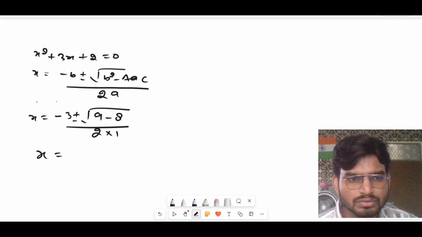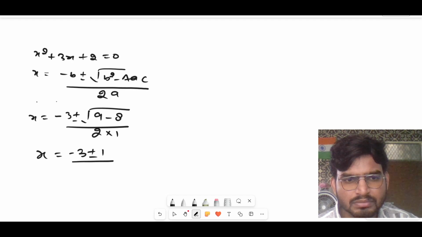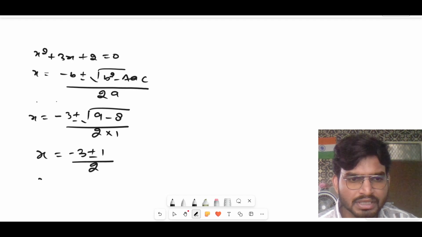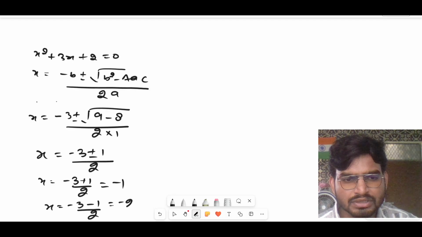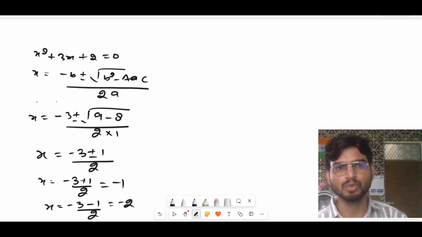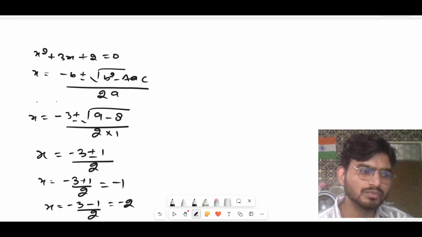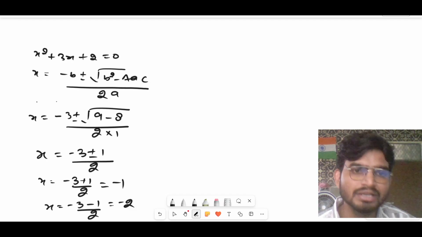So x equals minus 3 plus minus 1 by 2. Here we get minus 3 plus 1 by 2, and x equals minus 3 minus 1 by 2. So minus 2 by 2 is minus 1, or minus 2. From this we get the roots of the equation.